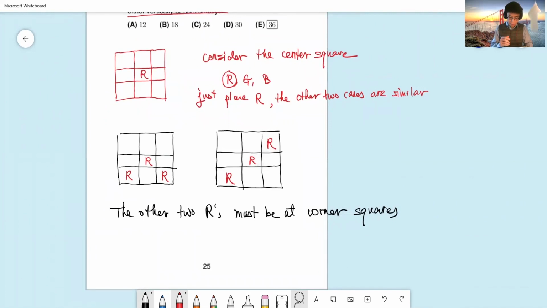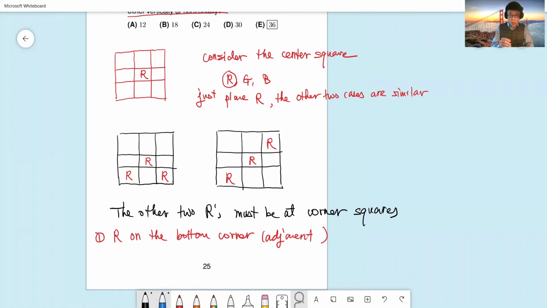Okay, let's discuss the first case. Suppose R is on the bottom corners, they are adjacent. Now we need to consider the other two colors, blue and green.